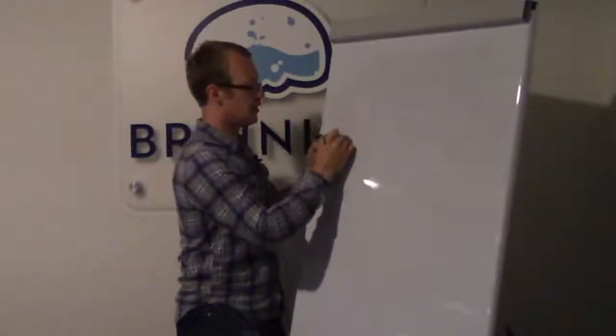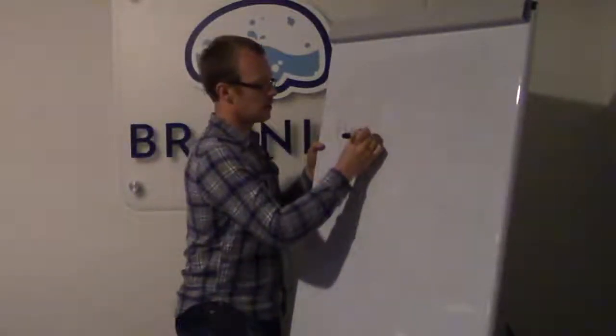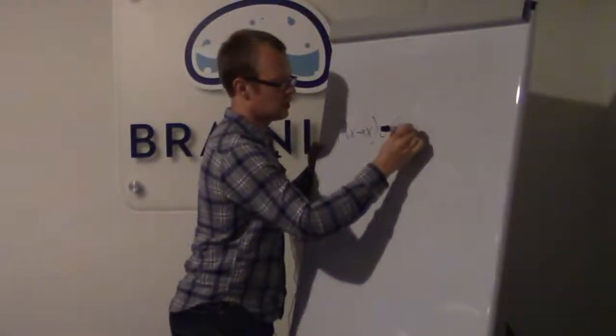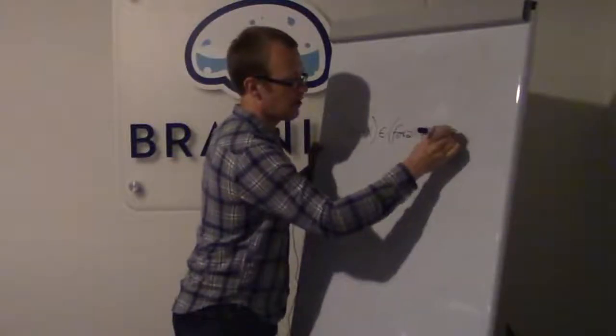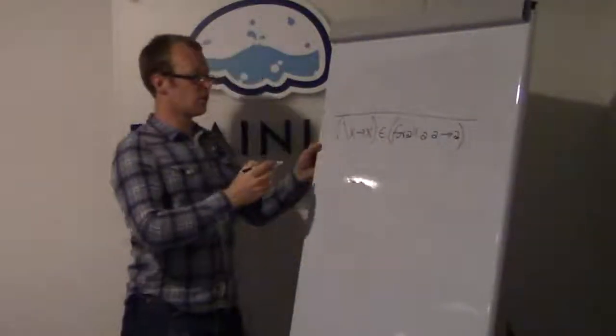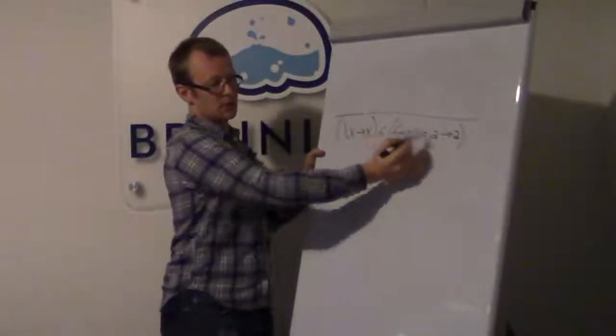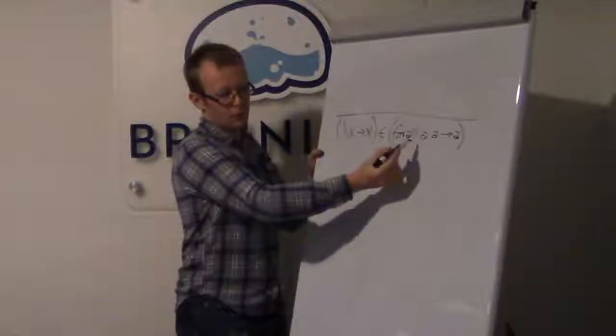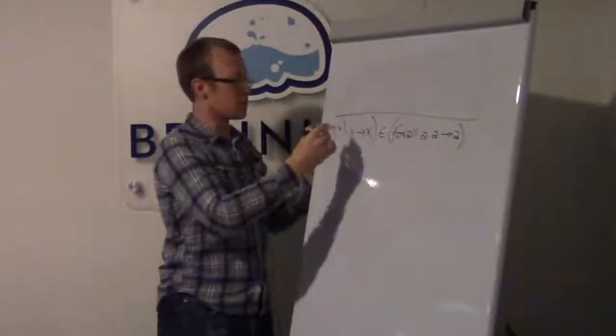Okay, if I want to check that lambda x goes to x has type for all a, arrow a. Okay, so the rule says I have to get rid of the for all and replace the a inside with a skolem constant.